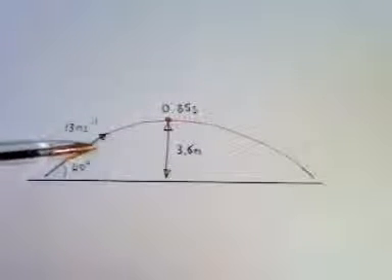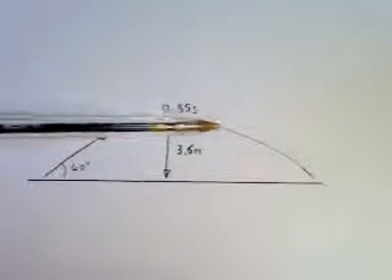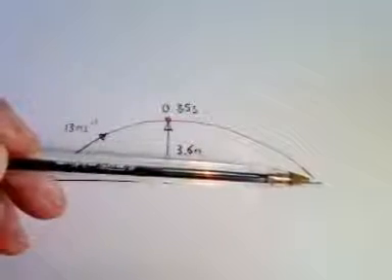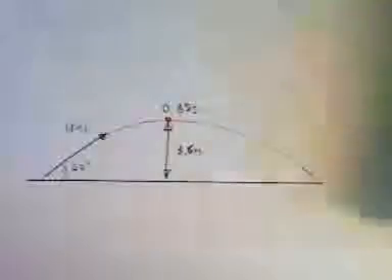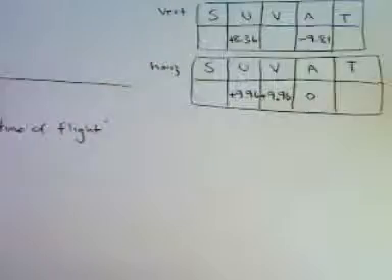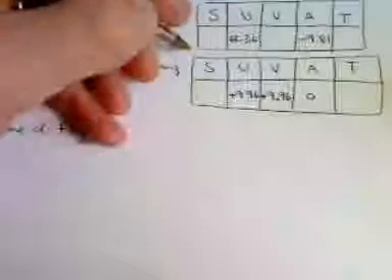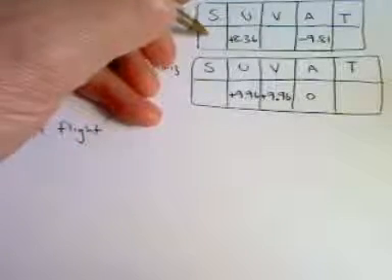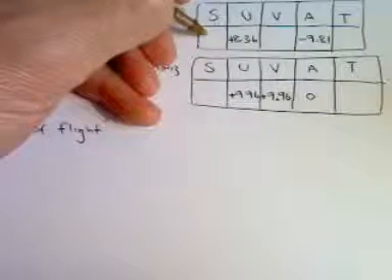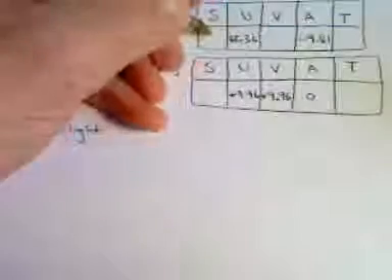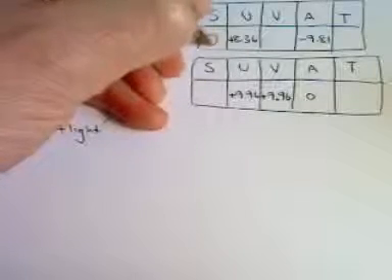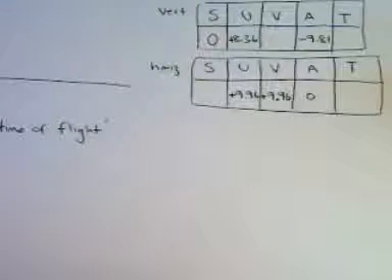It has a positive displacement throughout, and at this point here we've got, relative to the start point, a zero vertical displacement. So returning to our grids here, if we're considering the time of flight, the time for the projectile to just before it reaches the ground, we can set the vertical displacement equal to 0.